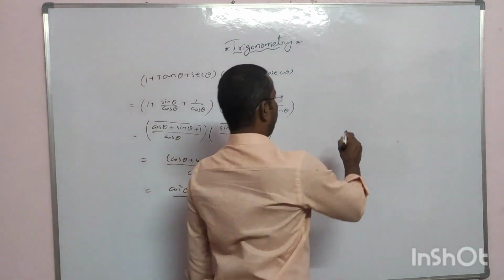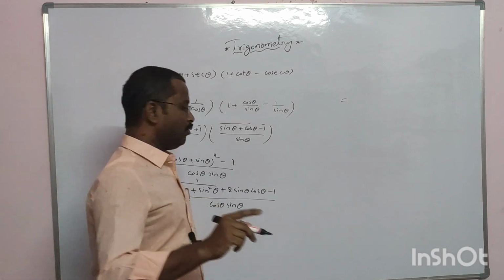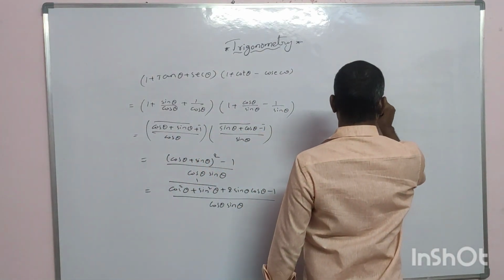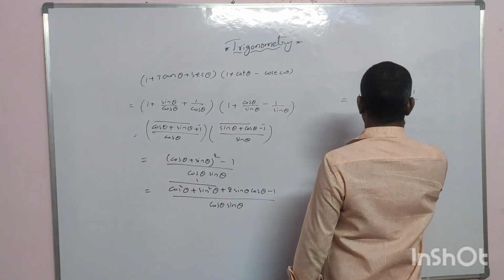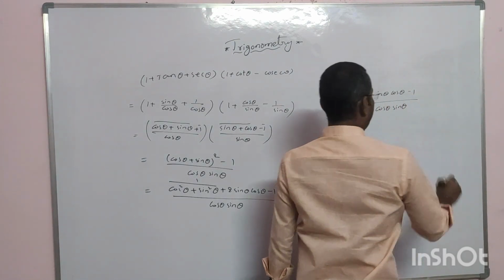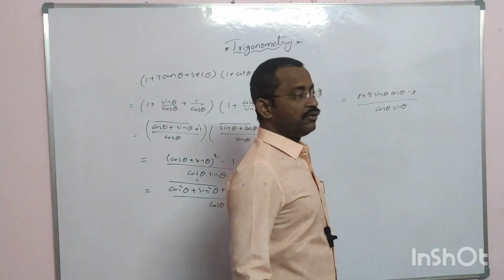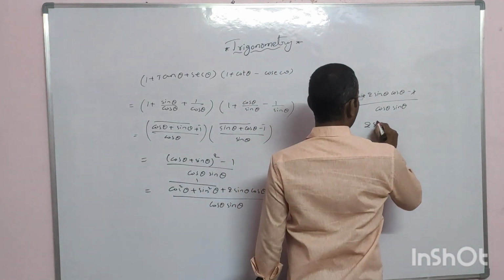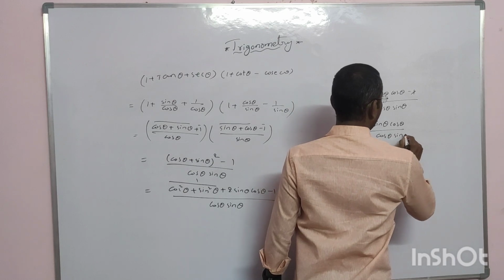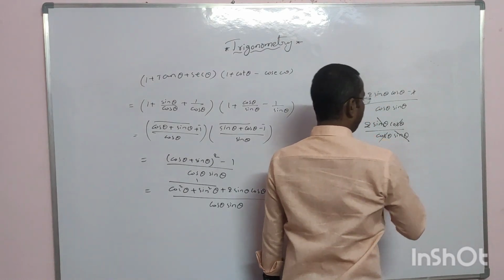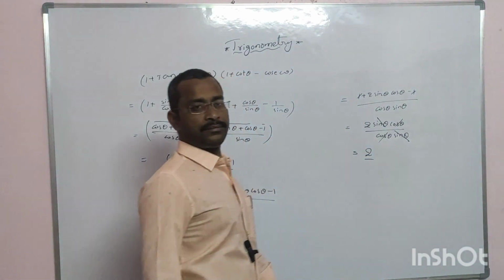Cos square theta plus sin square theta, what is the value? It is 1. So 1 plus 2 sin theta cos theta minus 1, by cos theta into sin theta. What will happen? 1 will be cancelled. So you are left with 2 sin theta cos theta by cos theta into sin theta. Sin theta cancels, cos theta cancels. So you are left with 2.